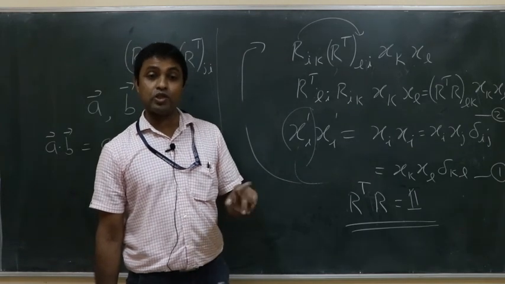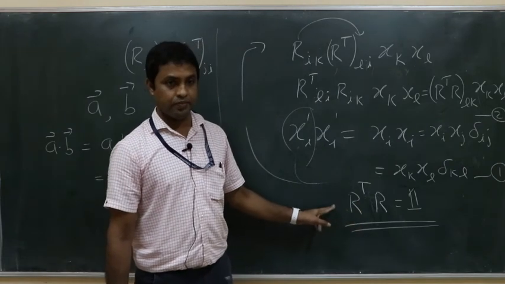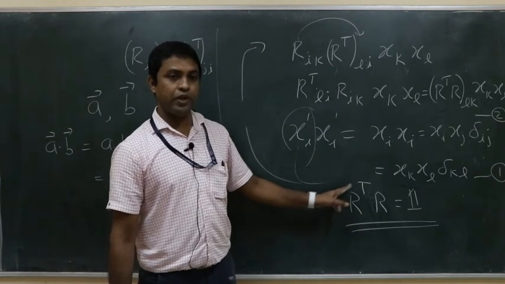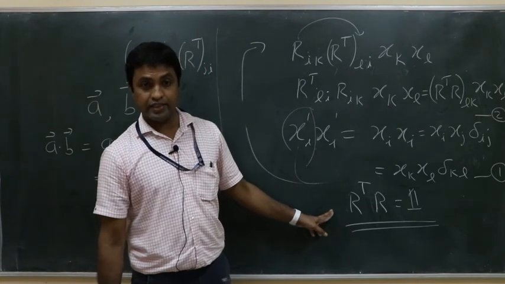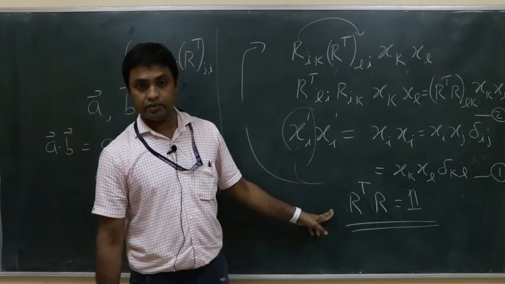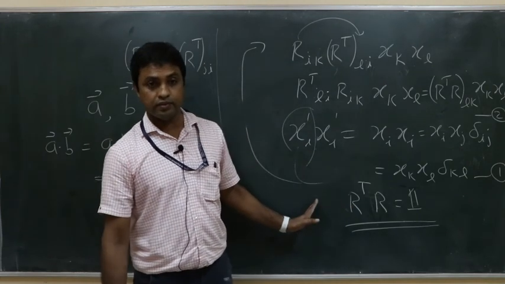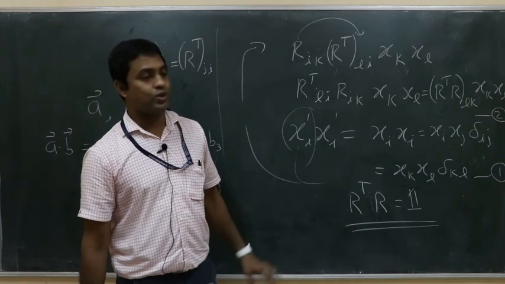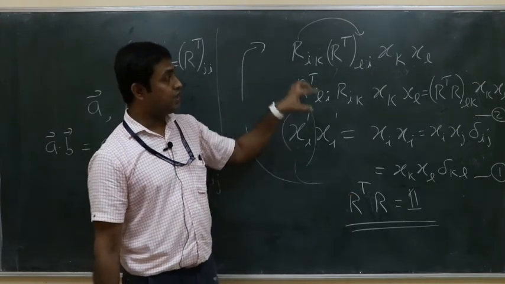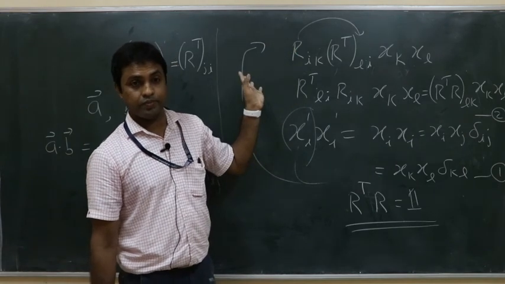So it is plus or minus 1, because the determinant of A into B is the product, and the determinant of R transpose is the same as the determinant of R. So the determinant of R will be plus or minus 1. The determinant of that orthogonal matrix is plus or minus 1.